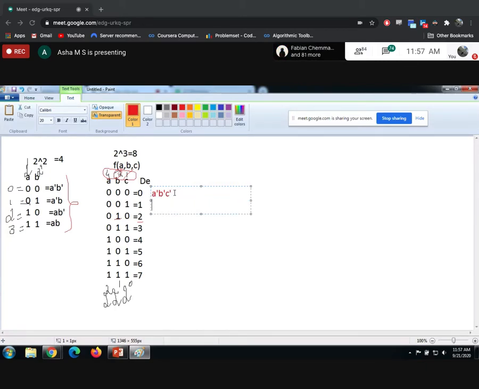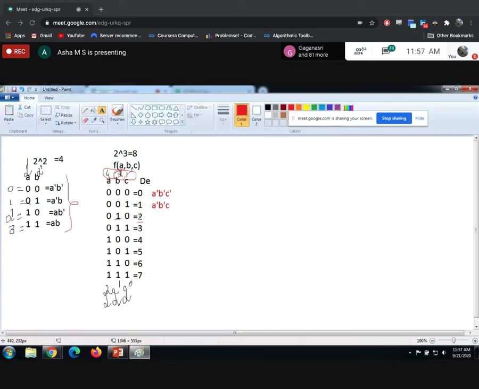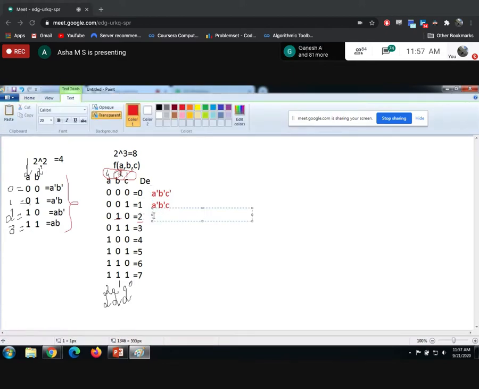Similarly, next I have 001. 001 means A bar, B bar, C. Next decimal 2. Decimal 2 means in binary representation 010. So A consists of 0, it's A bar. Next I have B, which is 1, so write B as it is. The bit C represents 0, so it is C dash.